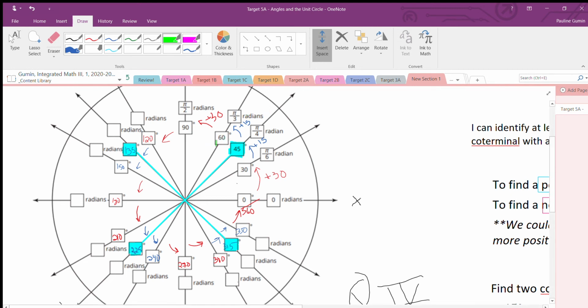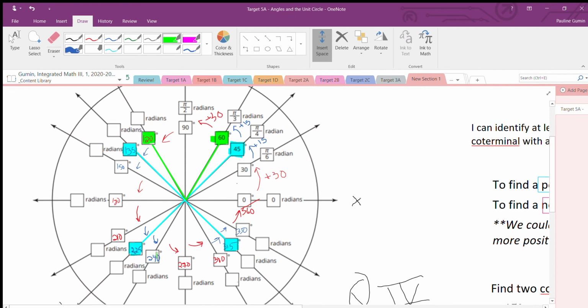If I say, hey, what is the reference angle for 120? That's 60 times 2. You would look at the first quadrant and you would say, it's 60. If I said, hey, what's the reference angle for 240?